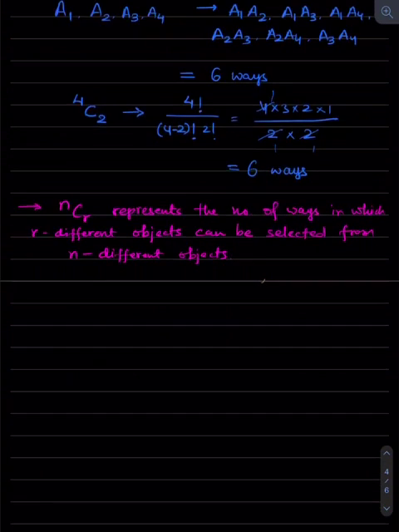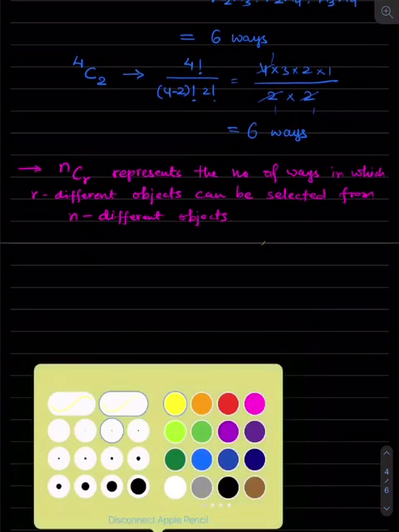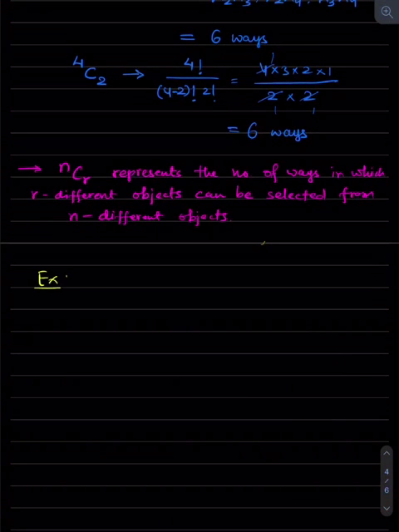Now we will go through some more small examples, like 5C3, which we discussed.